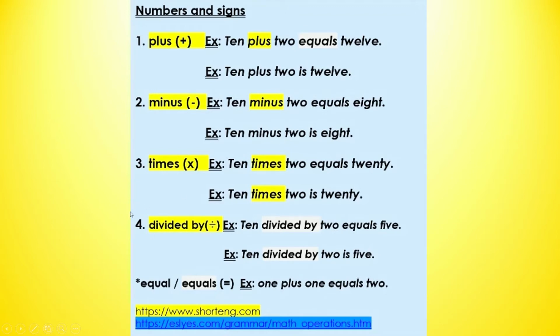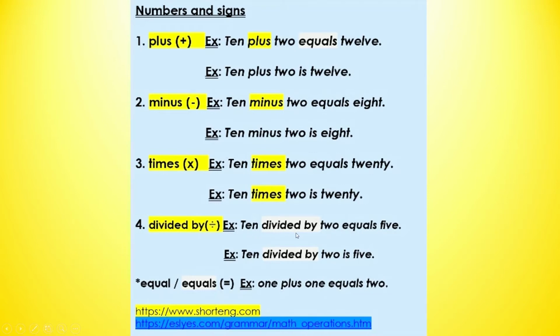Okay, number 4, the last sign. We call divided by. In Thai we call เครื่องหมายหาร. For example, 10 divided by 2 equals 5.